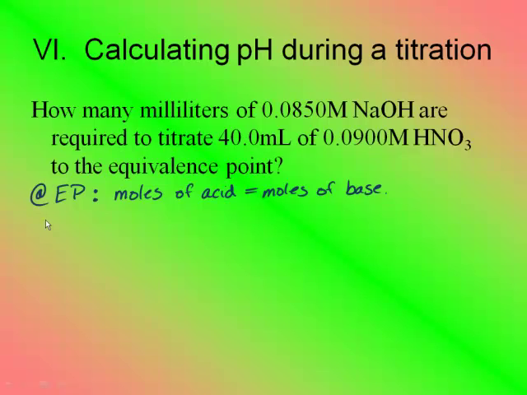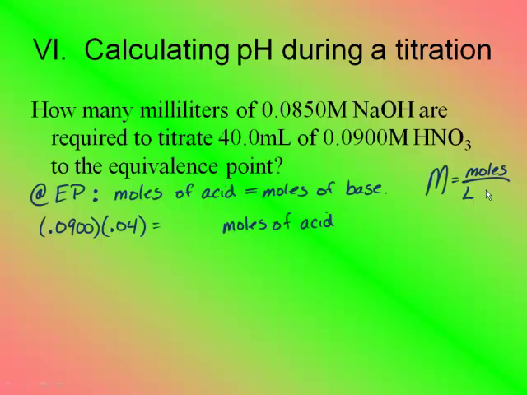So what I'm going to do is take the molarity of my acid times the volume in liters. And this is going to give me the moles of acid. And the reason I take the molarity times the volume is you have to remember that molarity is equal to moles over liters of solution.